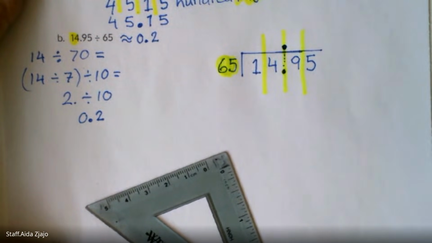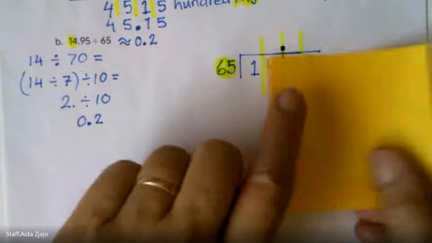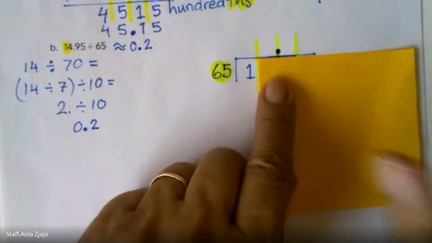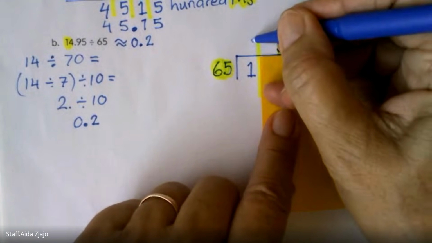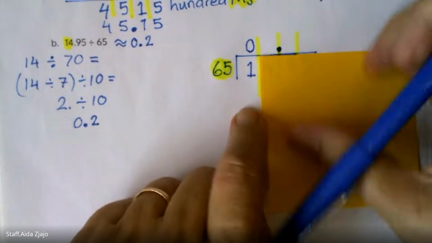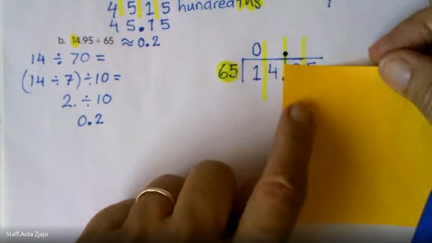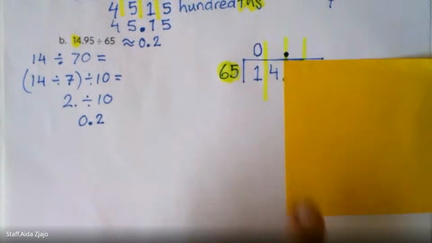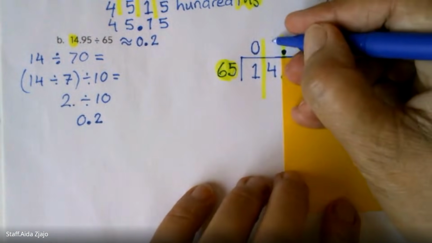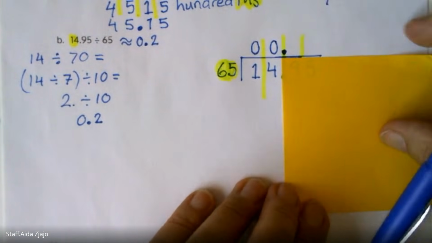And I'm going to go one number at a time. If I have a 1, can I make groups of 65? No. Okay, if I have a 14, can I make groups of 65? No. Can't. I make 0 groups.